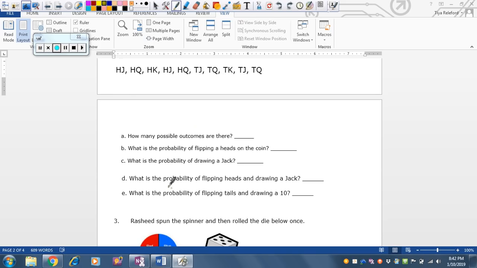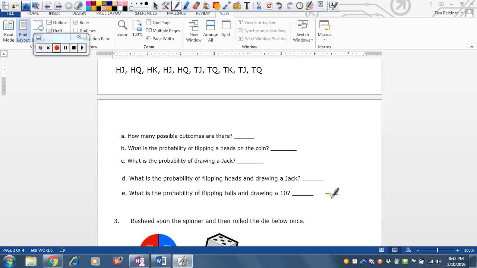Letter E says, what is the probability of flipping tails and drawing a 10? So tails and 10. So we don't care about any of these with the H's. Tails and 10s. How many tails and 10s are there? There's not any?